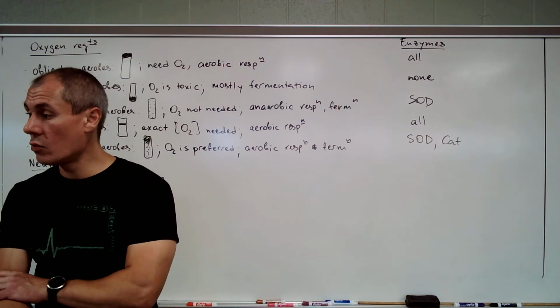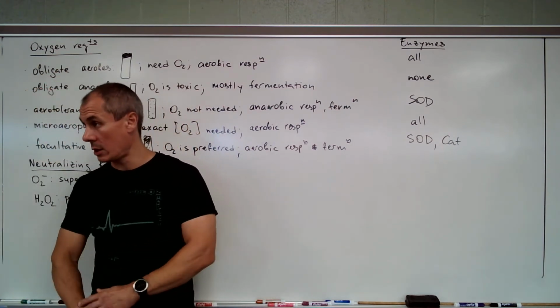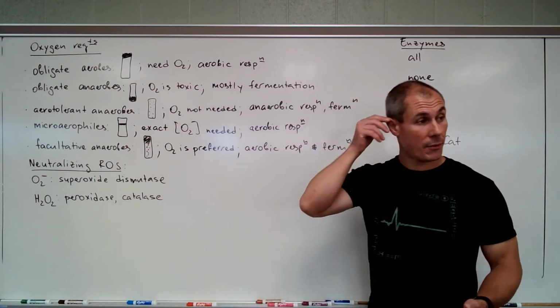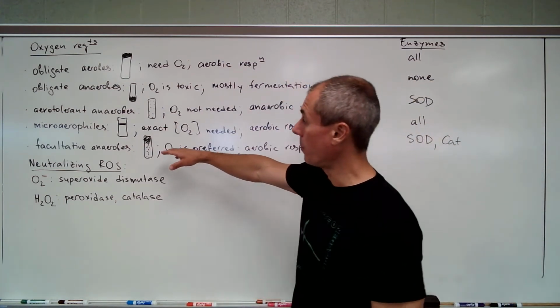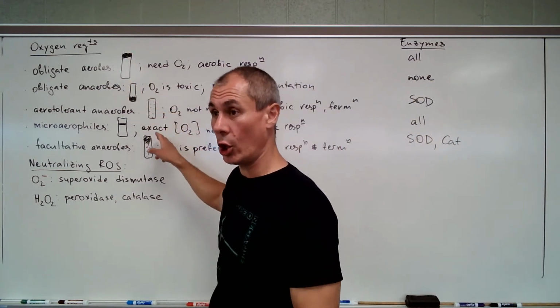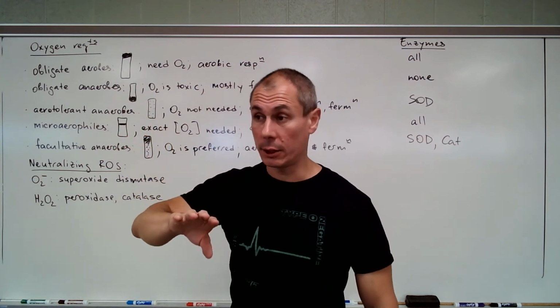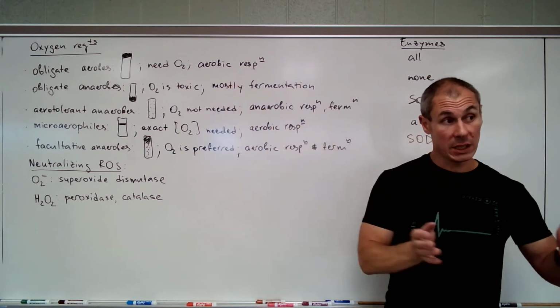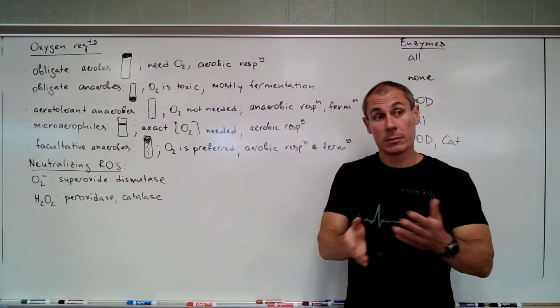Now, before I ask you if you have any questions, I want to highlight what you need to know. You have to have a pretty good understanding of the mode of growth, where in the tube they grow. Is that clear? What is the role of oxygen? Do they need it? Is it toxic for them? Stuff like that.